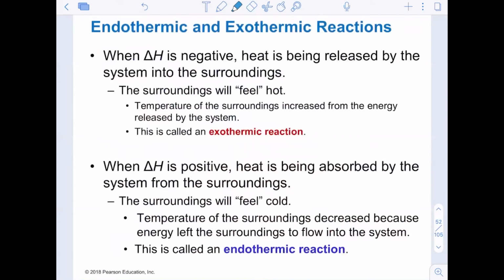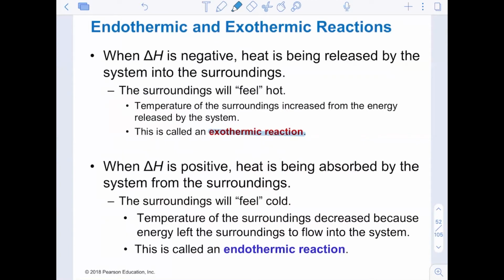When delta H is negative, just like delta E, heat is being released by the system. This is what we call an exothermic reaction. Surroundings start to feel hot. So when we're holding the cup of an exothermic reaction, we're like, ooh, heat. The system is not getting hotter. You are the surroundings.